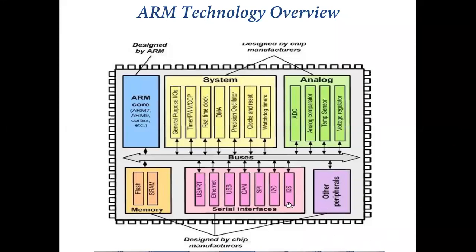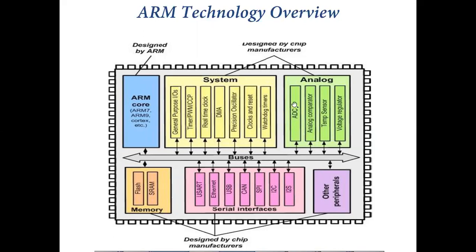This is the ARM technology overview. We can see here the ARM core, ARM7. There are different types of cores available, which we will see later. The other basic peripherals are placed around it. The memory unit, then a system for converting analog to digital, since we use digital here and the analog signals have to be converted to digital, so we have an ADC converter.